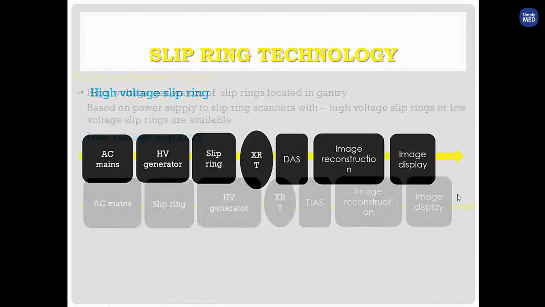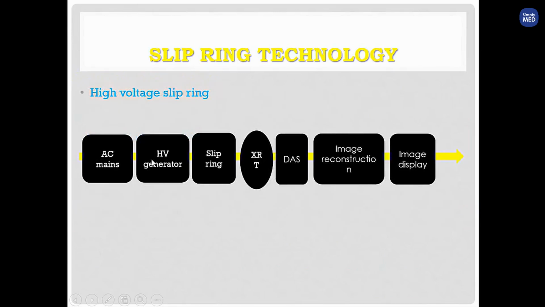In the high voltage slip ring, after the AC main, the supply goes to the high voltage generator where the voltage is increased, and then to the slip ring and then the X-ray tube. The difference is that in the high voltage slip ring the high voltage generator is before the slip ring, whereas in the low voltage slip ring it is after the slip ring.